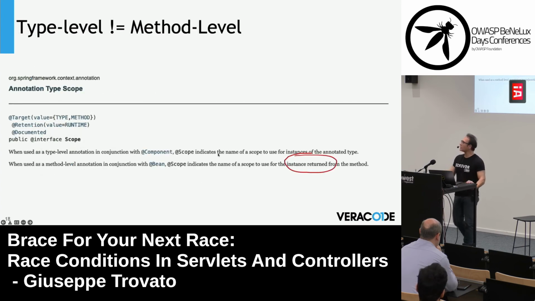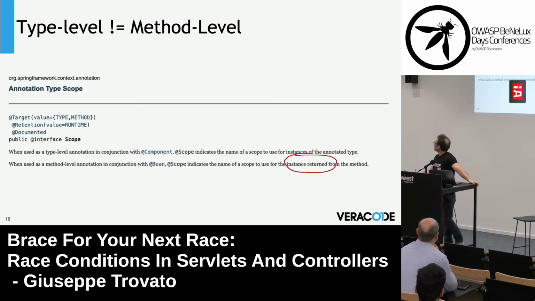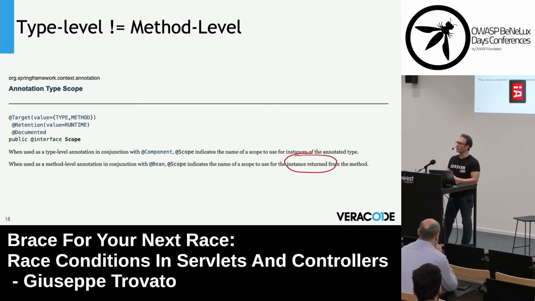Then consider this is a little bit of a trick, going back to the fact that you need to know the framework you are working with. This annotation behaves differently if you apply it at the type level or at the method level. The difference is where the locking is happening. If you apply it at method level, the locking is happening on the value returned from the method.